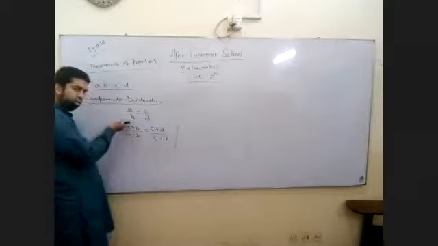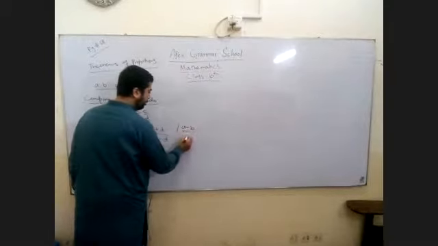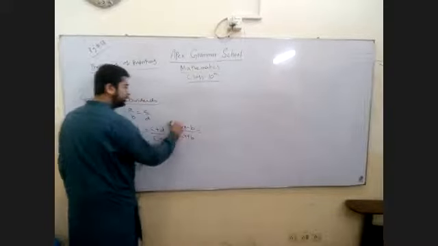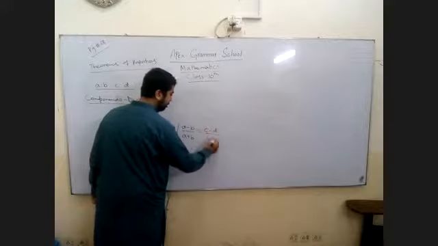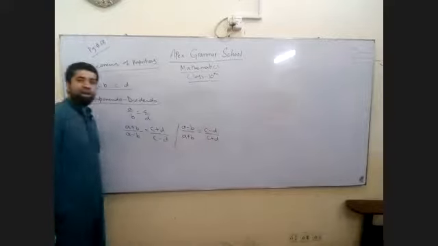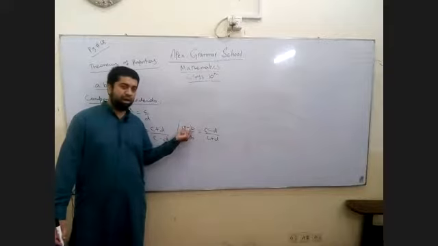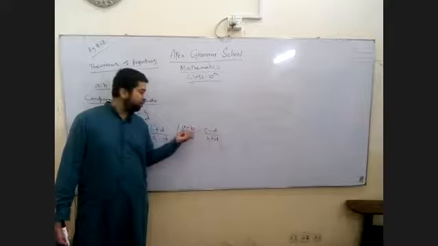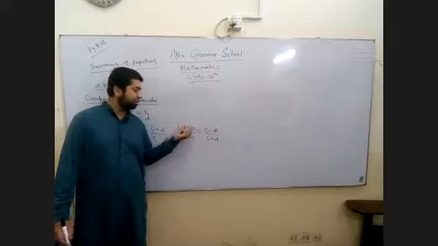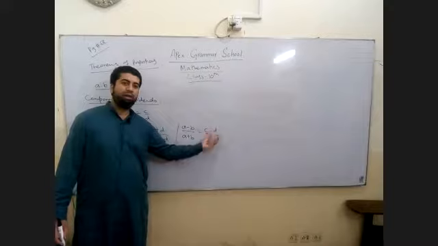You can also revert this: A minus B on the numerator and A plus B on the denominator, and apply the same thing on the right-hand side for balance. You can't apply the subtraction property on the numerator here, but the addition property on the numerator there. If this is subtraction, that must also be subtraction.